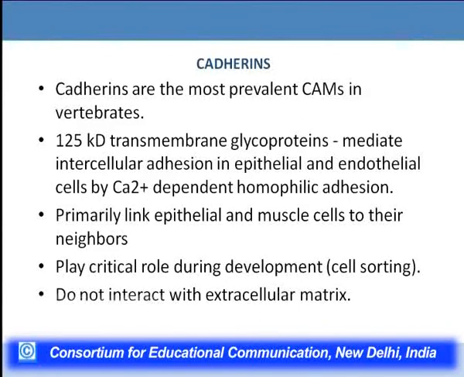They are required for sorting of different cell types, like epithelial cell types are sorted, muscle cell types are sorted, because of the presence of a similar type of cadherin in them. And these proteins are special because they do not interact with extracellular matrix, and they only interact with their similar type. That is, the interaction between cadherins is homotypic interaction.